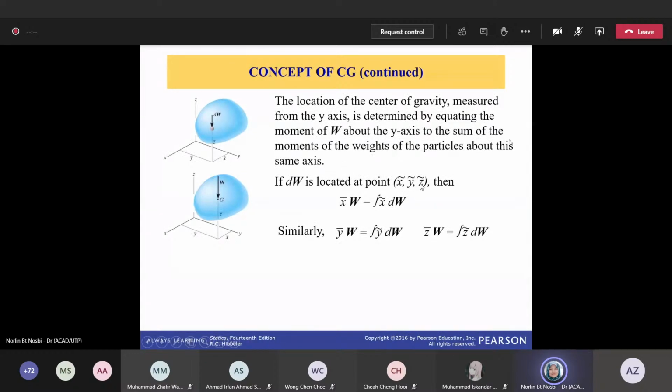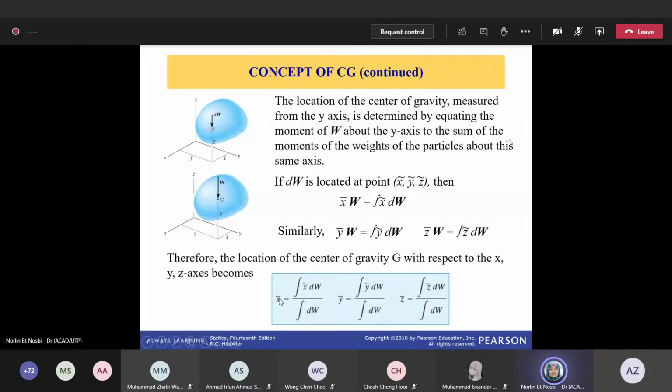Now you want to find this G, the location of G. How do you want to find it? You have to use this formula: X bar, Y bar, and Z bar. So this is the location for the center of gravity, which is G. For the dW, you have to find the tilde XYZ. For G, X bar, Y bar, and Z bar. So this is the formula you need to memorize.